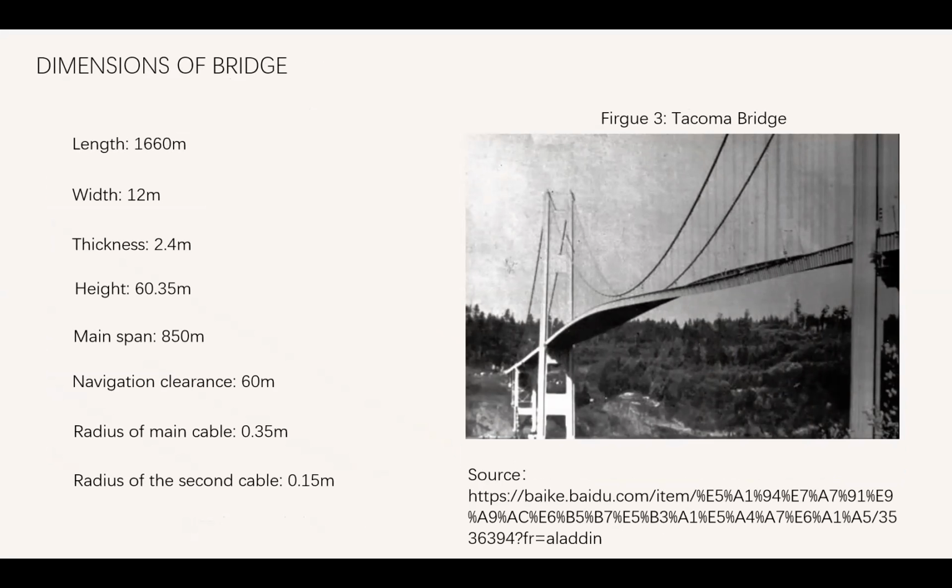The total length of the bridge is around 1810 meters, and the main span between two columns is around 853 meters. That's the basic dimension. Of course, the radius of the main cable is 0.35 meters, while for the secondary cables, which are the perpendicular cables, the radius is 0.15 meters.